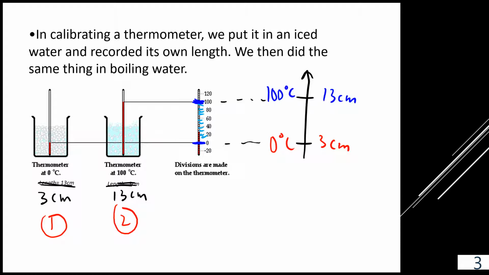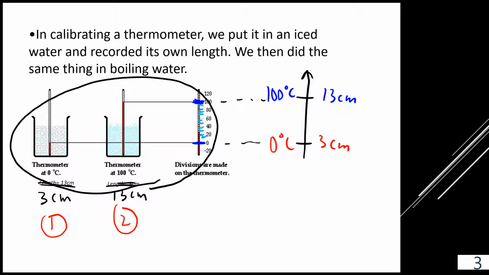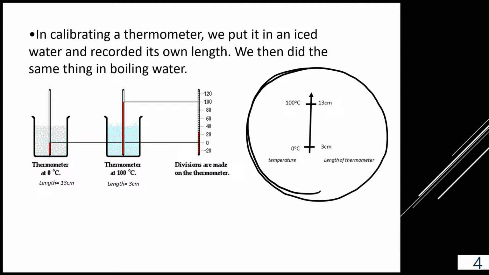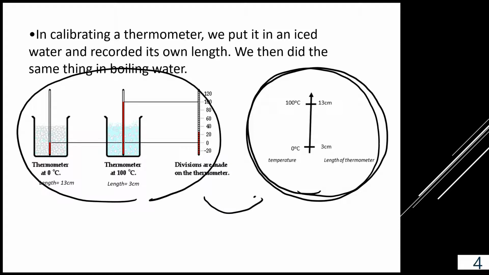That's how you can simplify the whole thing into just a very simple diagram. So this diagram is the simplified version of the previous one. First of all, you have to understand how to turn a complicated diagram into a very simple one.